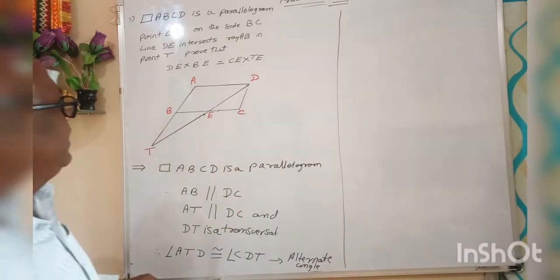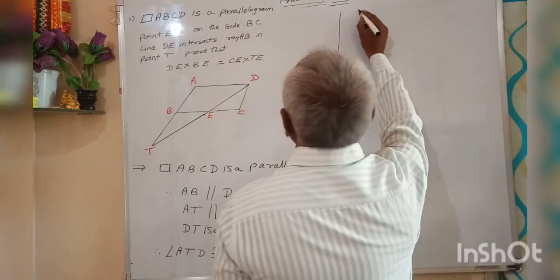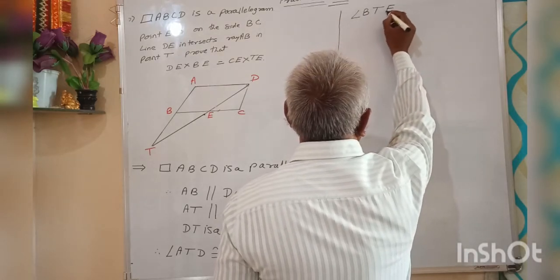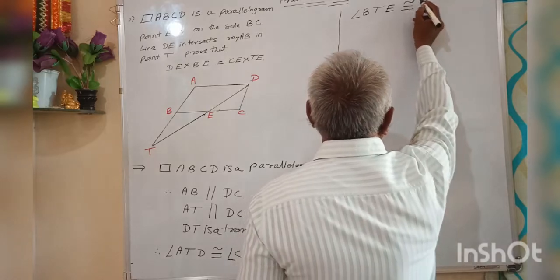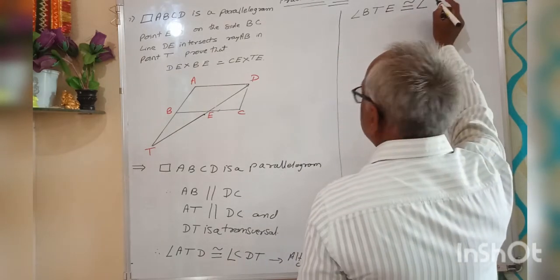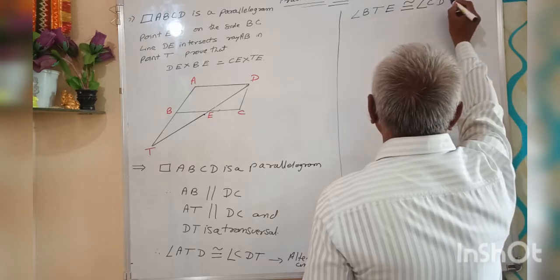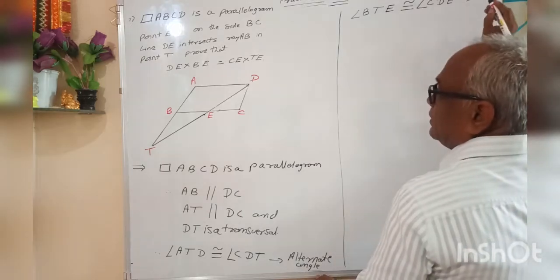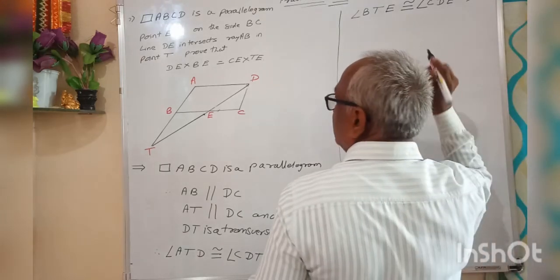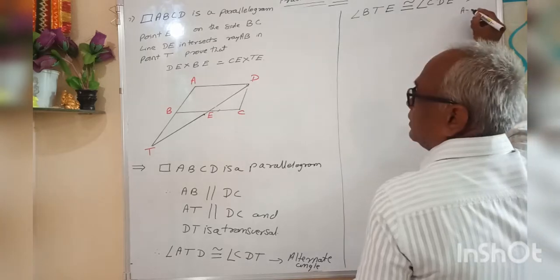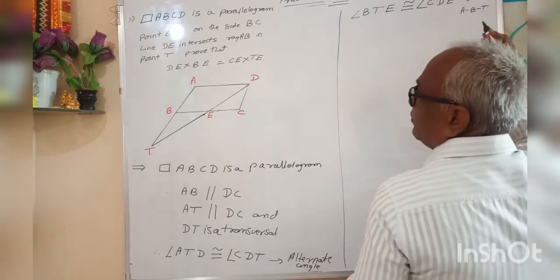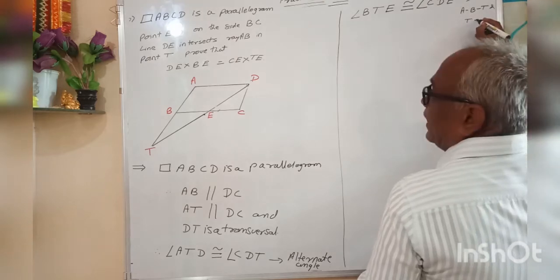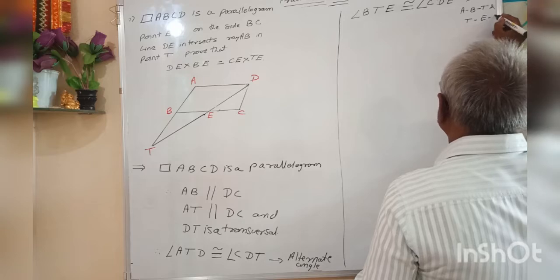Now the same angle we can write in this way, that is angle BTE is congruent to angle CDE, as A-B-T and T-E-D.